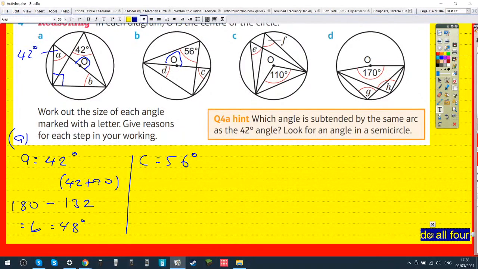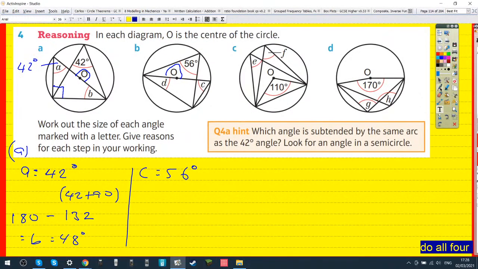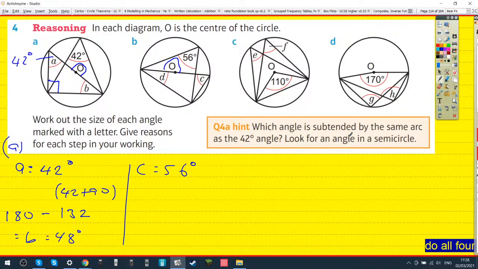So is the angle next to O 90 degrees? The opposite one, that's 90. Yeah. Okay. So then 56 plus 90, which is 146.